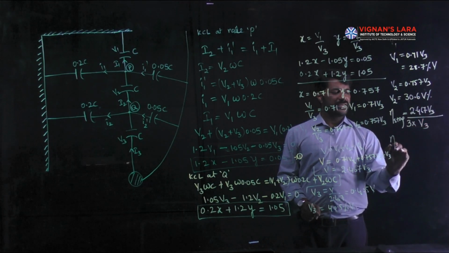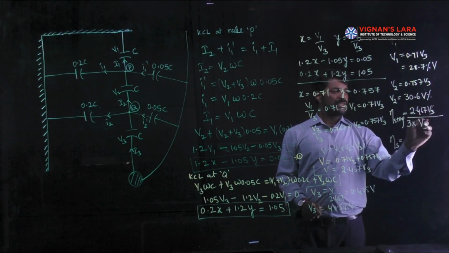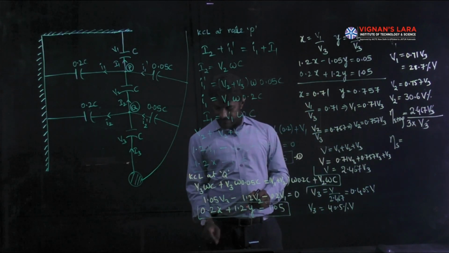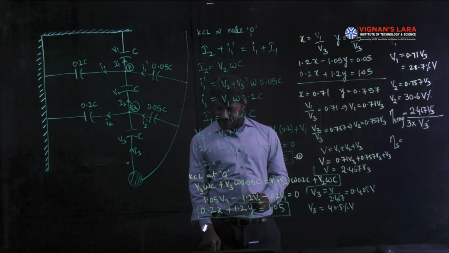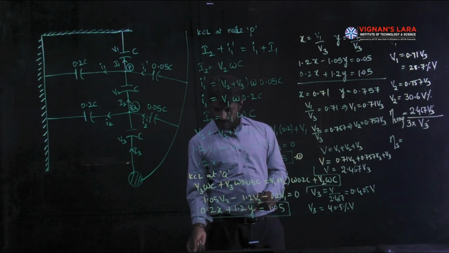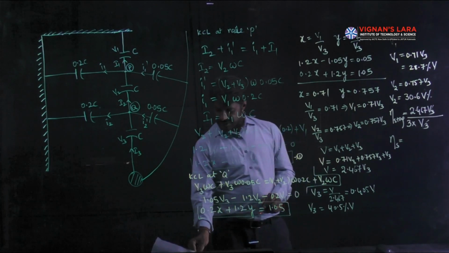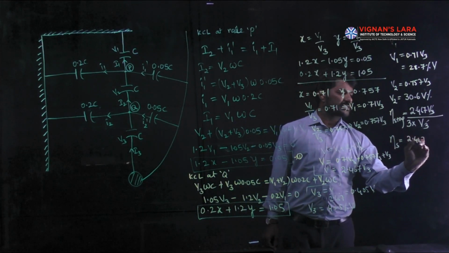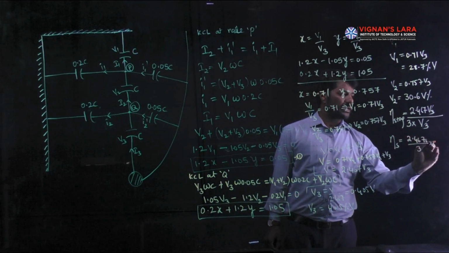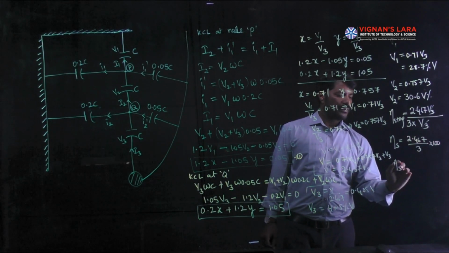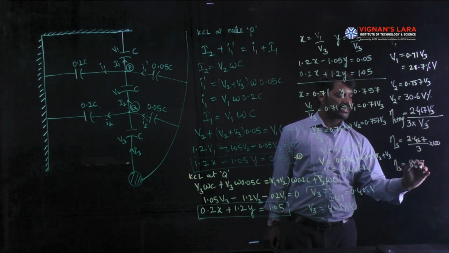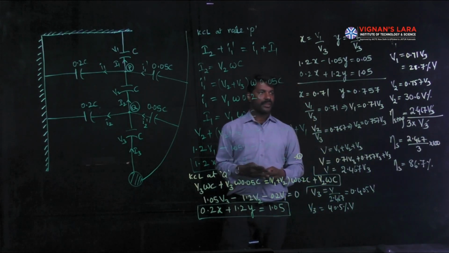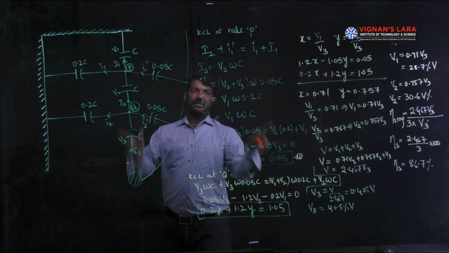Therefore, V3 gets cancelled, and if you multiply by 100, we get the string efficiency as 2.467 by 3 into 100, approximately 86.7%. This is the string efficiency improvement which was calculated for the 3 case studies.